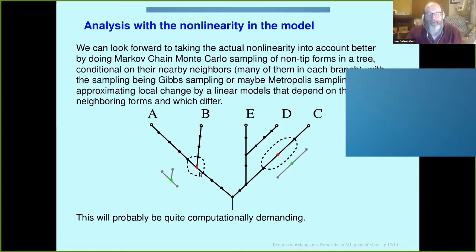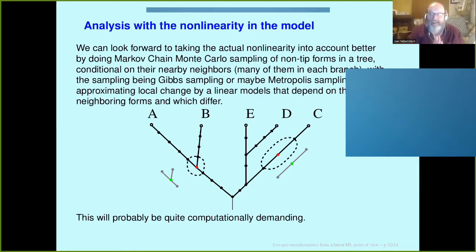And that will involve things like Gibbs sampling or perhaps Metropolis sampling. So you may be updating a point like this one that I'm pointing to on the tree. Here we have a picture of the three immediate neighbors, and we update this red point in view of the three neighbors. Now, if we had a linear model, that's very easy to do.